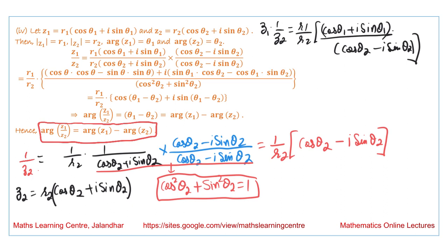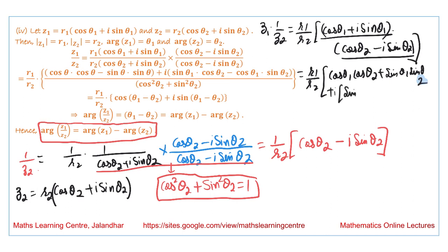When we multiply these terms, we are getting r1 by r2 into cos theta 1 cos theta 2 plus sin theta 1 sin theta 2, and then we will have plus iota into sin theta 1 cos theta 2 minus sin theta 2 cos theta 1, and these values we are talking about.